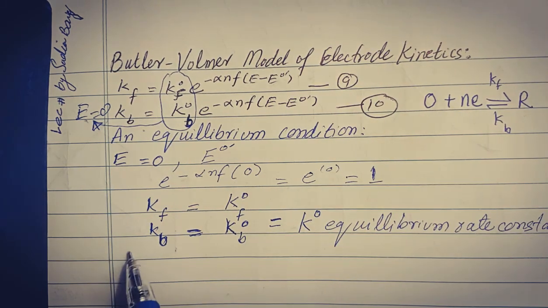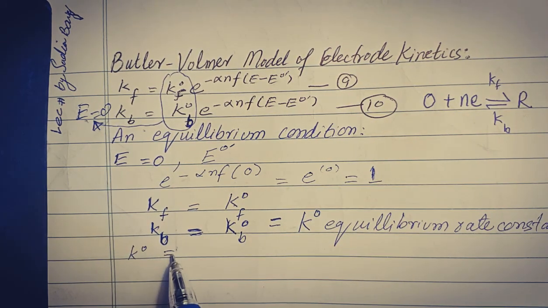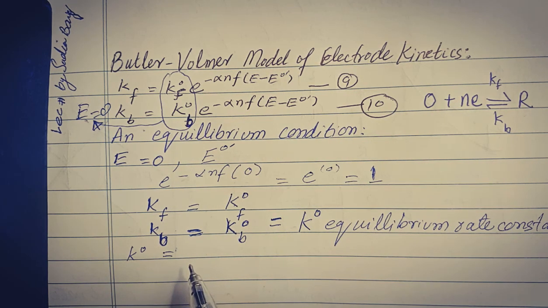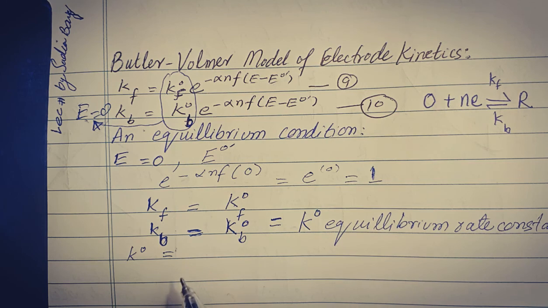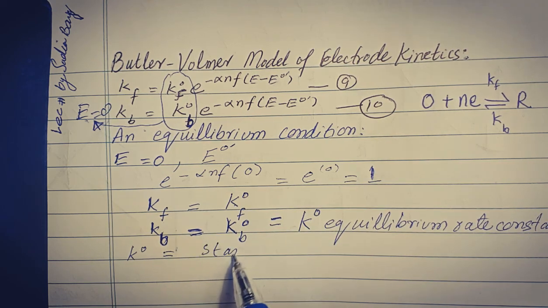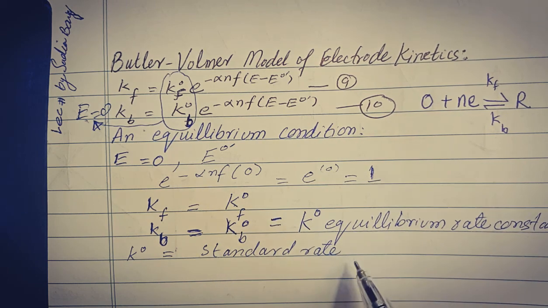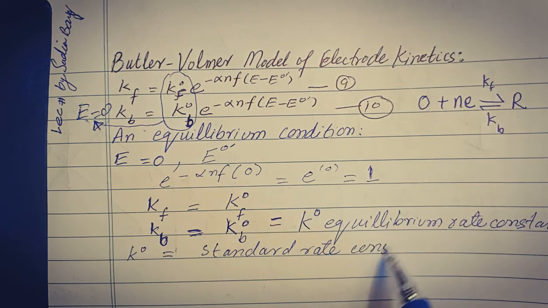For electrode kinetics, this K naught is given the special name of standard rate constant.